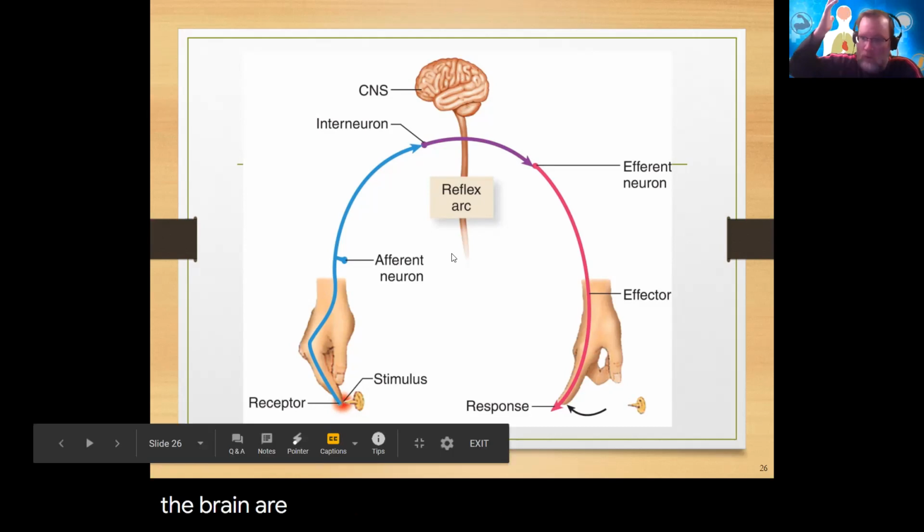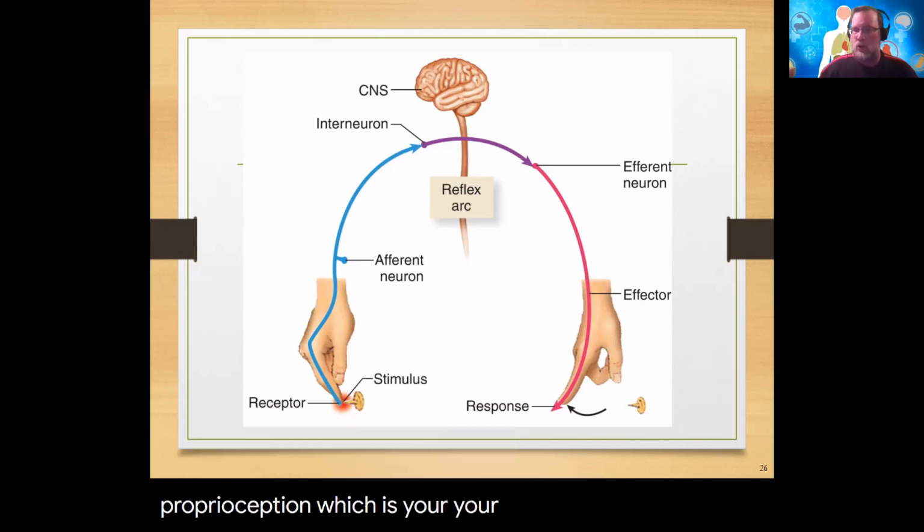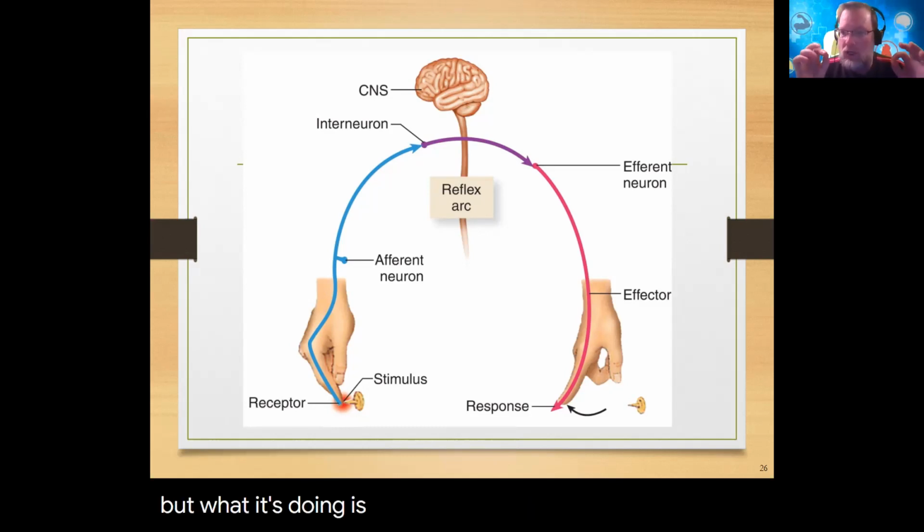The brain already knows that based on what we call proprioception, which is your sensory-motor connection of where you are in space. So the brain already knows that you've removed your hand, but what it's doing is storing long-term information for future reference.